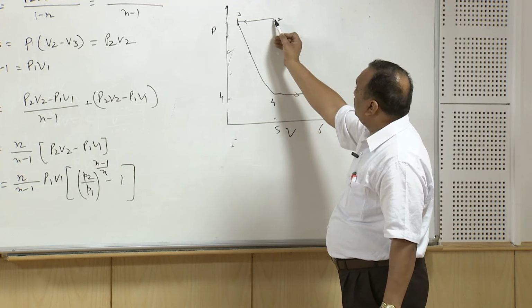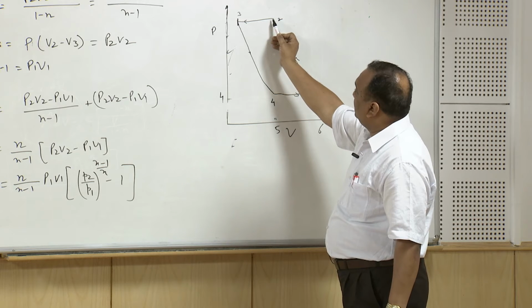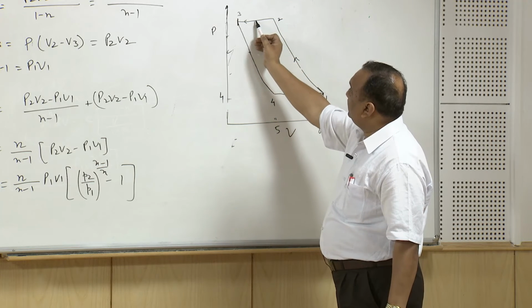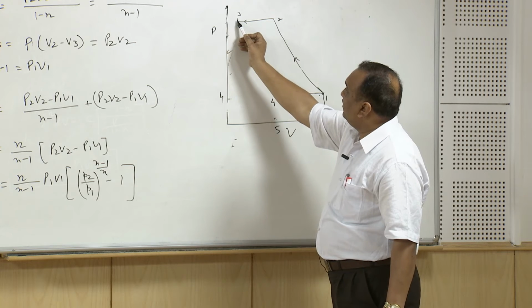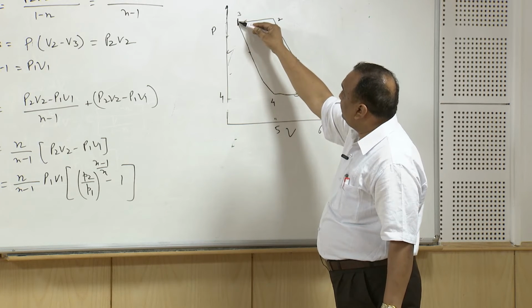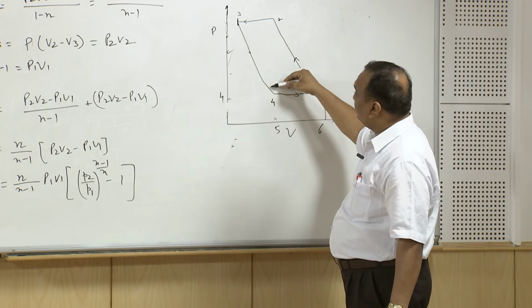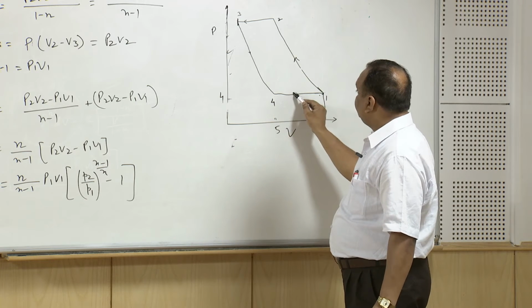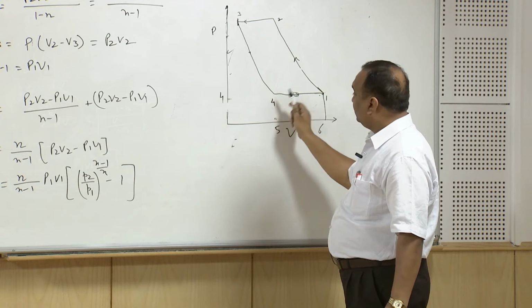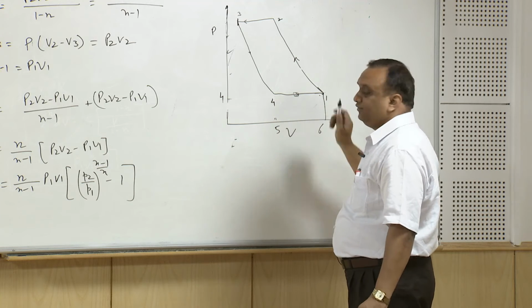Then after state 2, the exit of vapor starts from the compressor. It terminates at state 3. At state 3, we have compressed vapor. This compressed vapor expands. The system behaves as a closed system up to state 4. When state 4 is attained, the inlet valve of the compressor opens and suction of vapor takes place.